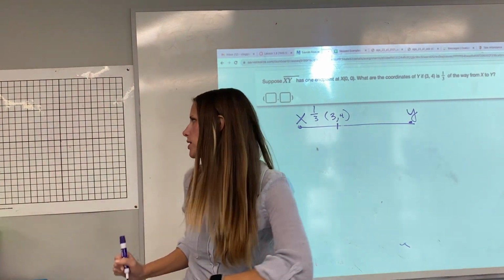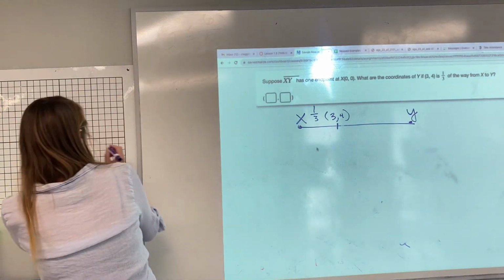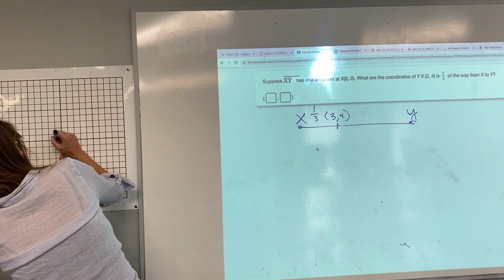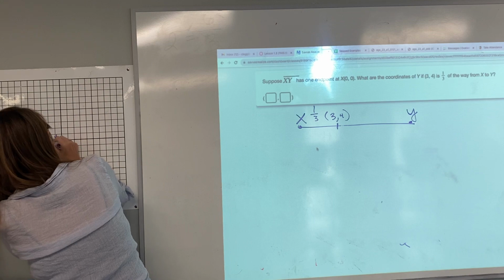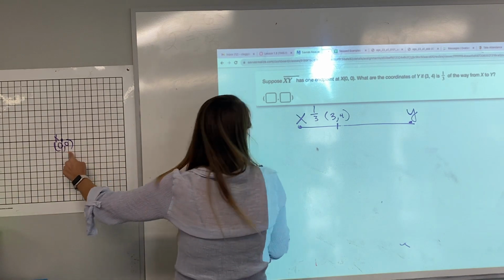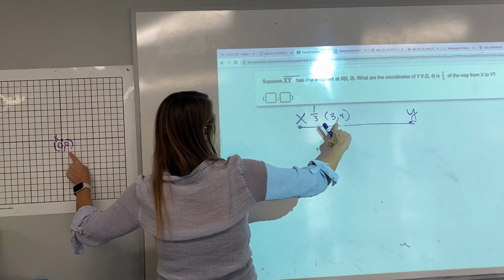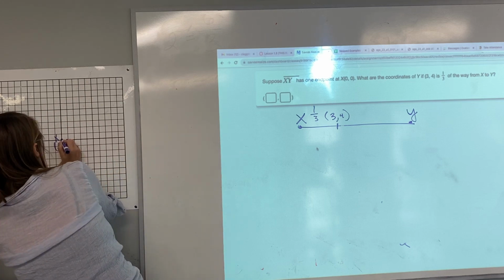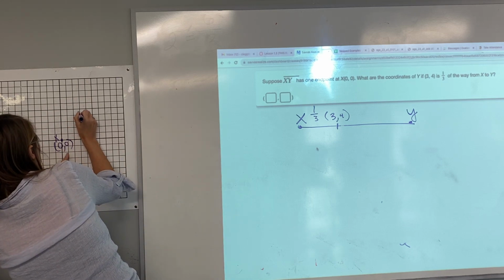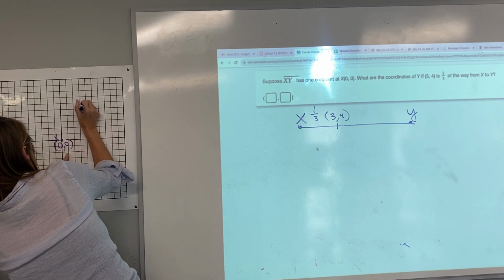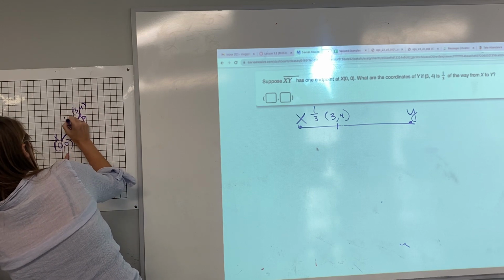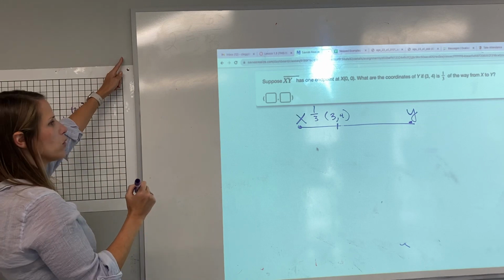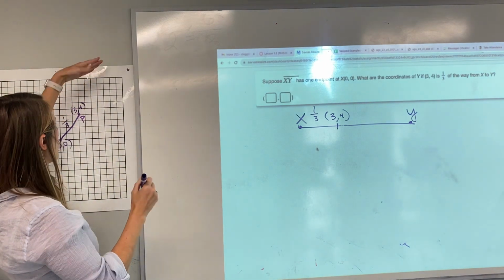Well, let's go to our coordinate plane and take a look at what it looks like. Our X point is (0, 0), our origin, and then there's a point that's (3, 4). We'll call that point P, and that is 1/3 of the way to the other endpoint Y, which is probably somewhere up here.